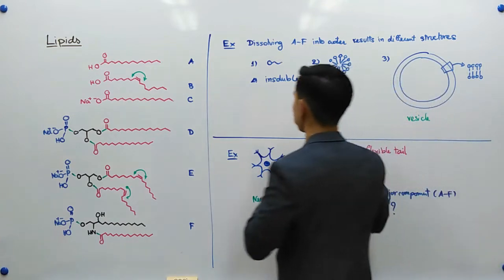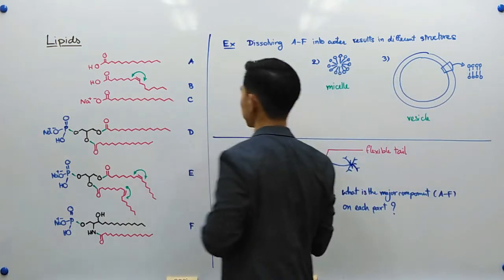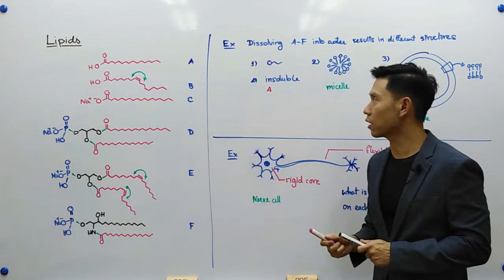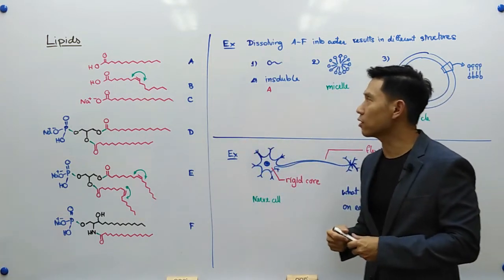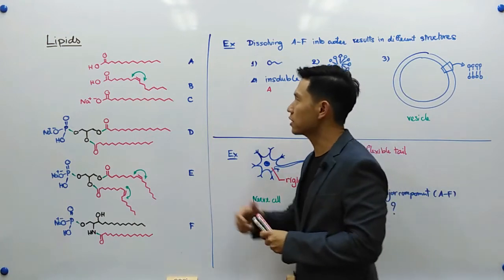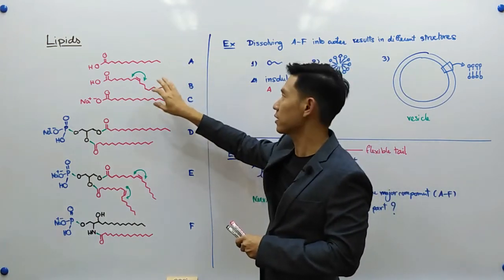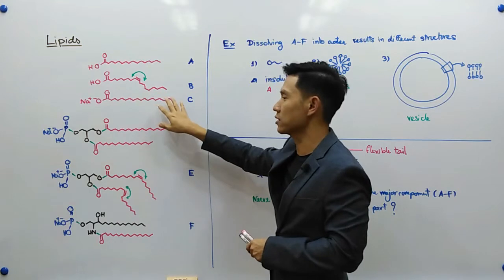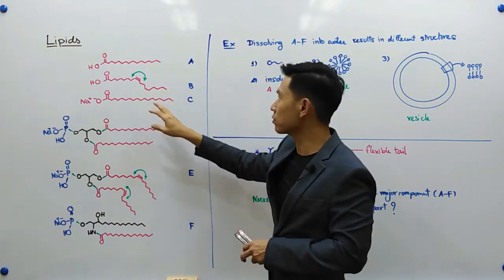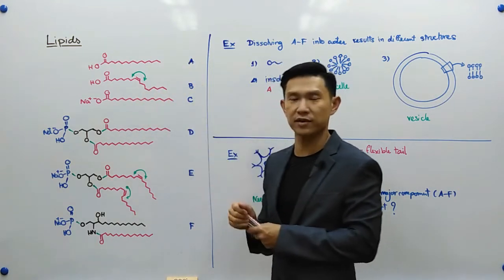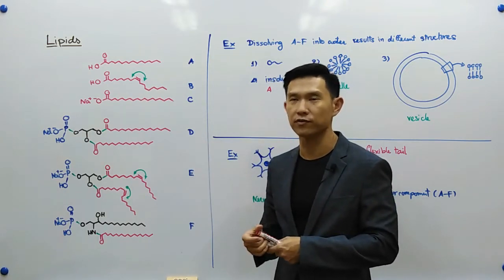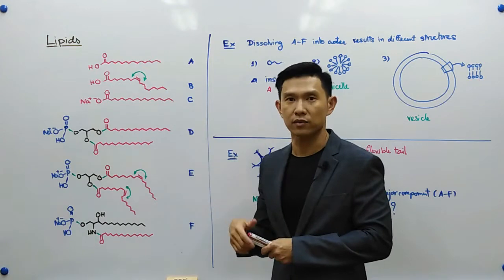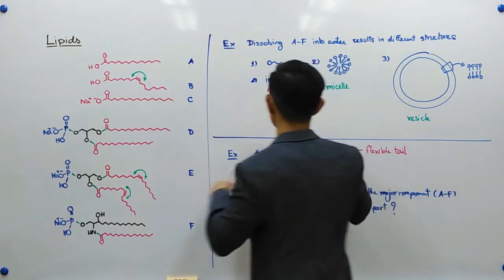And B is also insoluble because the structure is similar to A. The right hand part is still nonpolar. Even though you have saturated or unsaturated, they are nonpolar, they have only London force. So it's very hard to dissolve this part on the right hand with the water. So A and B are insoluble, obviously.